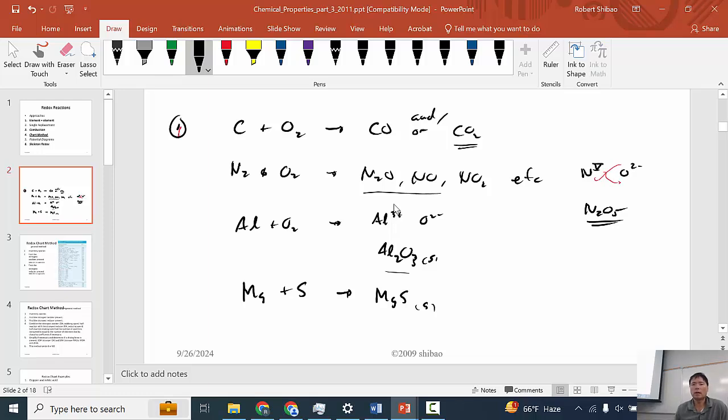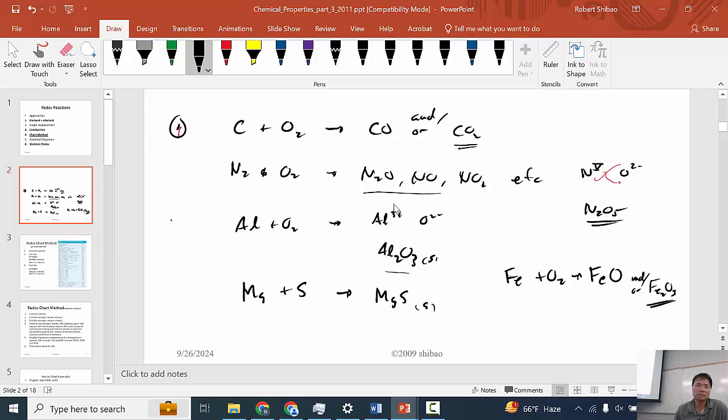So, one more. Iron plus oxygen. Yeah, we might form iron(II) oxide, FeO, and/or Fe2O3. If we do complete oxidation of our iron, we form Fe2O3.